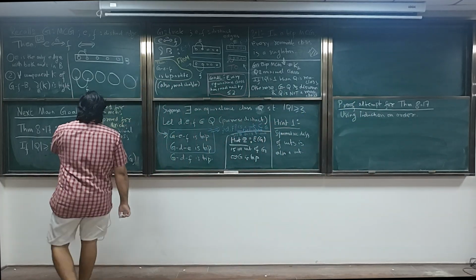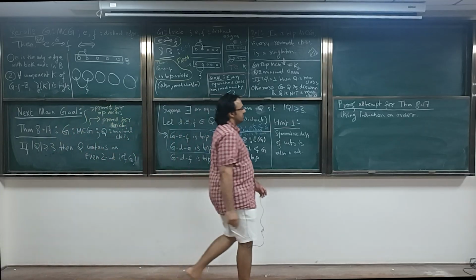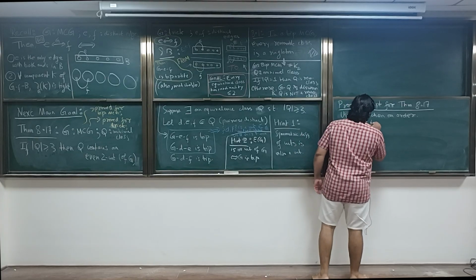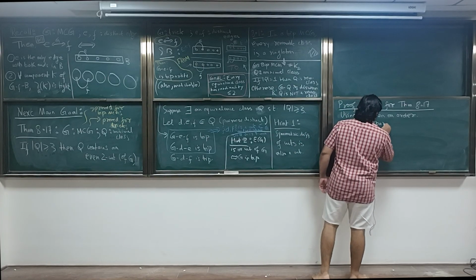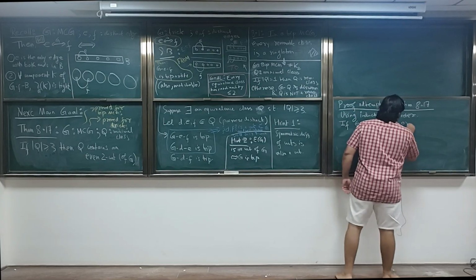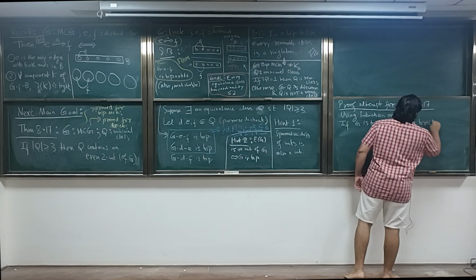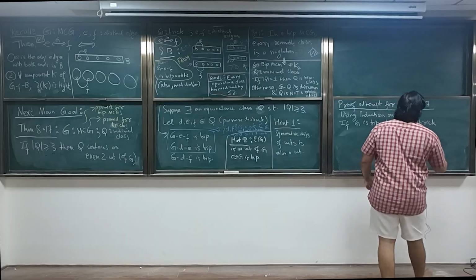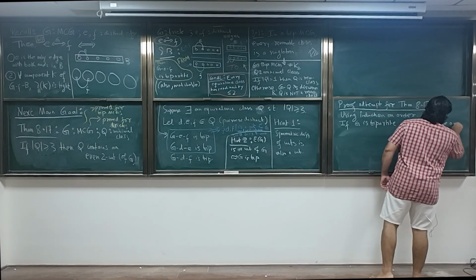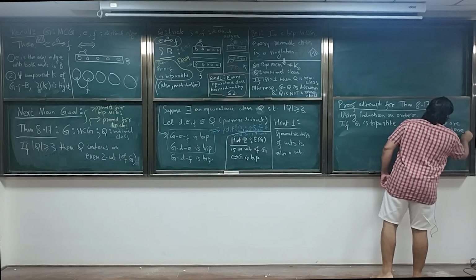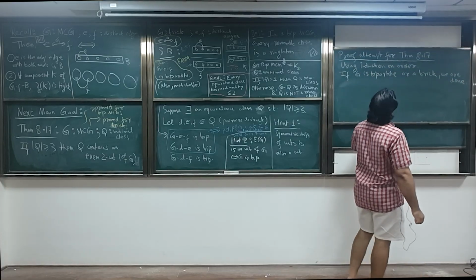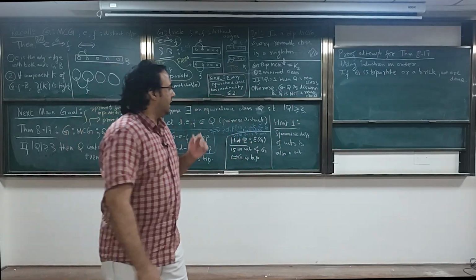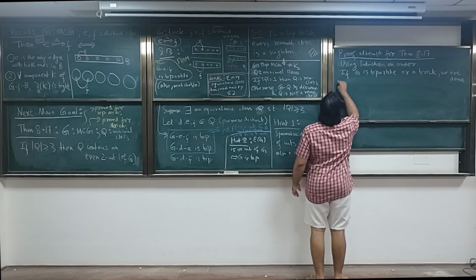If the graph is bipartite or a brick, we are done. Now suppose that G is neither bipartite nor a brick.